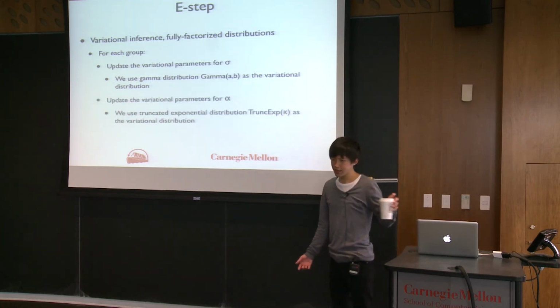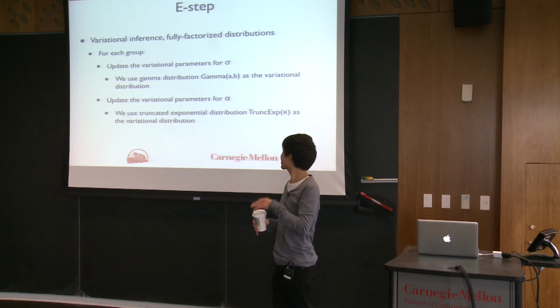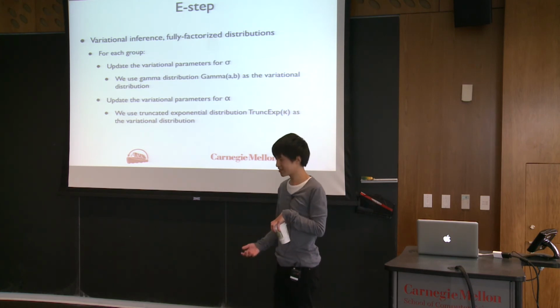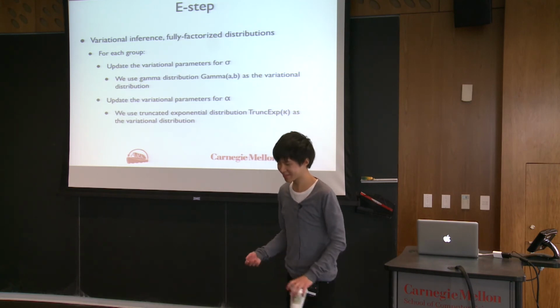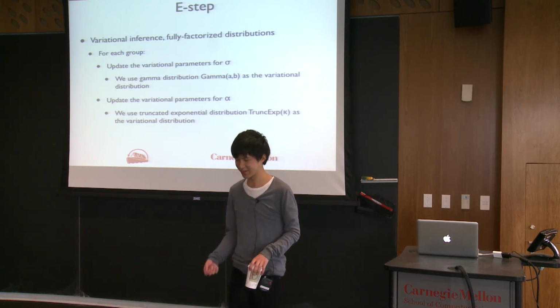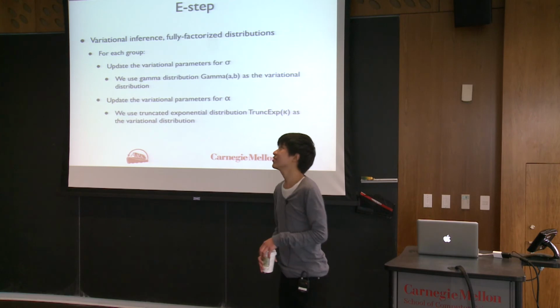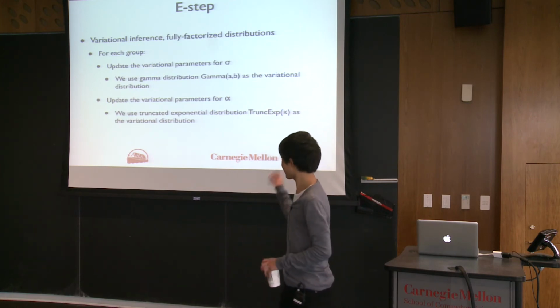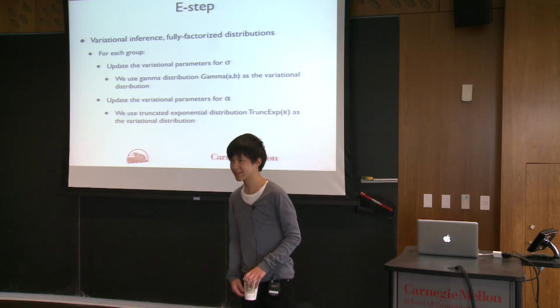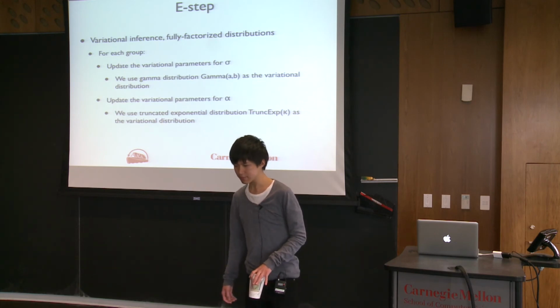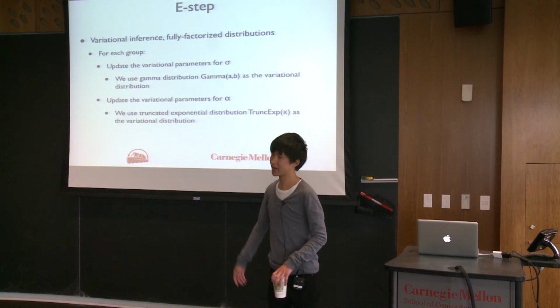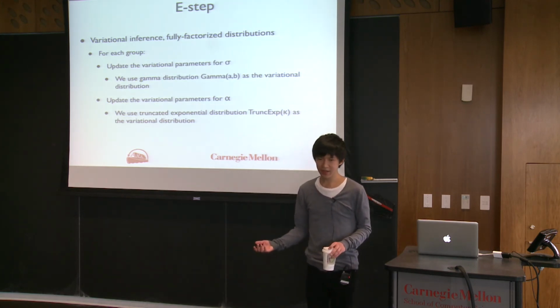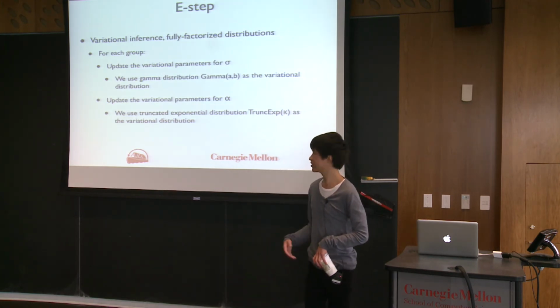For alpha, we choose truncated exponential distribution as our variational distribution. This is the same as the prior, although actually it's not a conjugate relationship. But if you use variational inference, you can do all these kinds of things, which is really nice, as long as you can take the gradient of your bound with respect to your variational parameters and compute the expectations under your variational distributions.